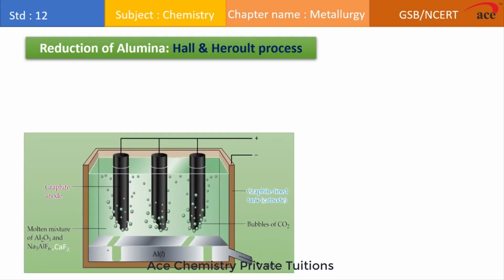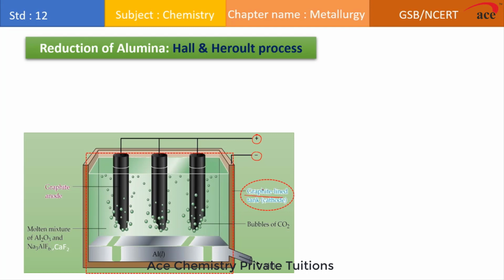If you check this diagram, we know that for electrolysis we require an electrolytic cell and different conducting materials which are connected to opposite terminals of the battery, referred to as anode and cathode. In this electrolytic cell, this is an iron tank, and the inner part of the tank is coated with what?